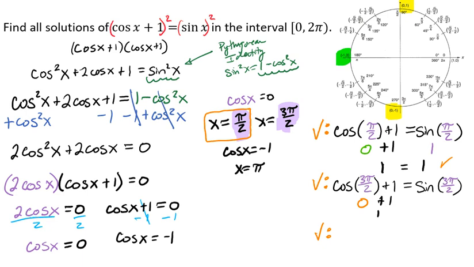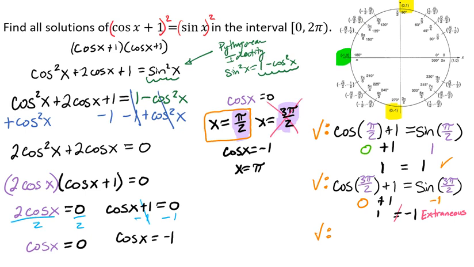And now we look at the y value of that same spot, which is negative 1. And so we have 1 set equal to negative 1, and that does not work. So this is going to be extraneous, which means that it is not a solution.